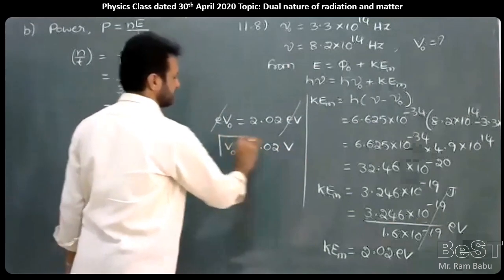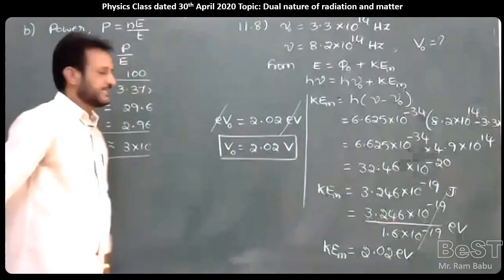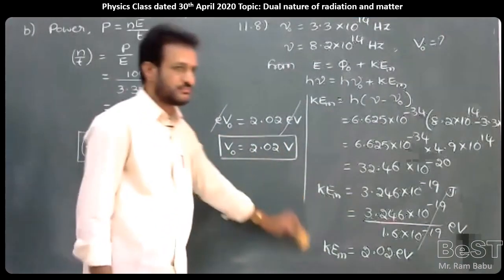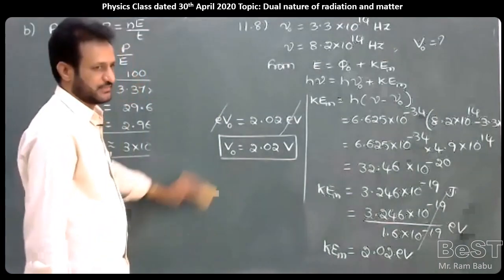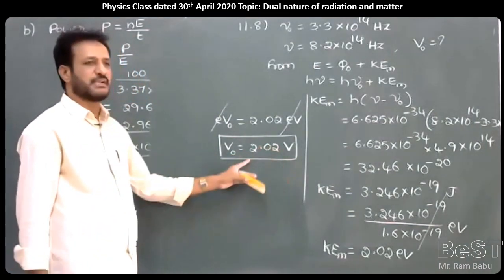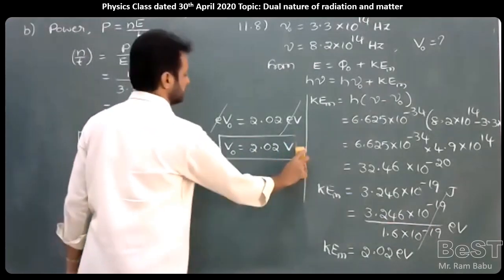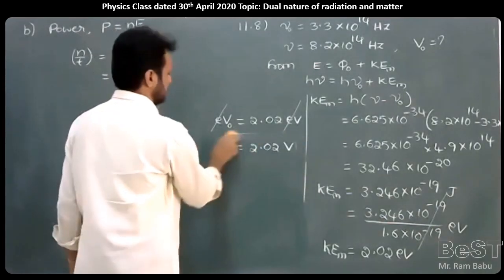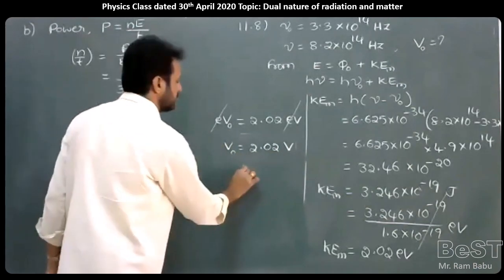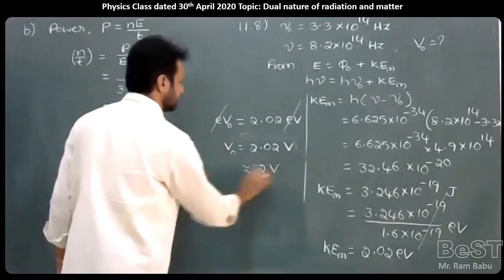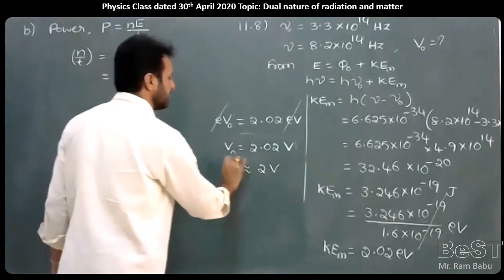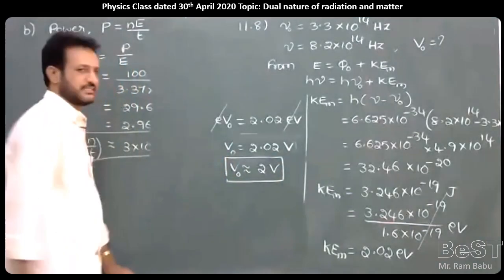That is the answer. Let me check the textbook answer also. 2 volt is given, so we can round off this value to approximately 2 volt. The stopping potential V naught is equal to 2 volt. That is the answer.